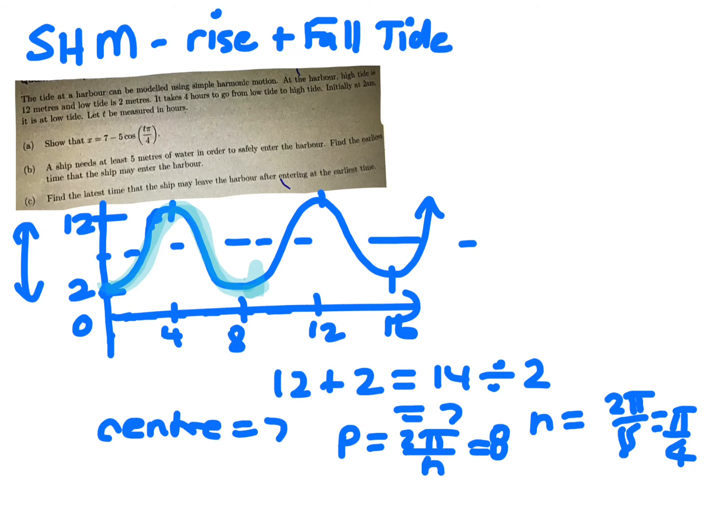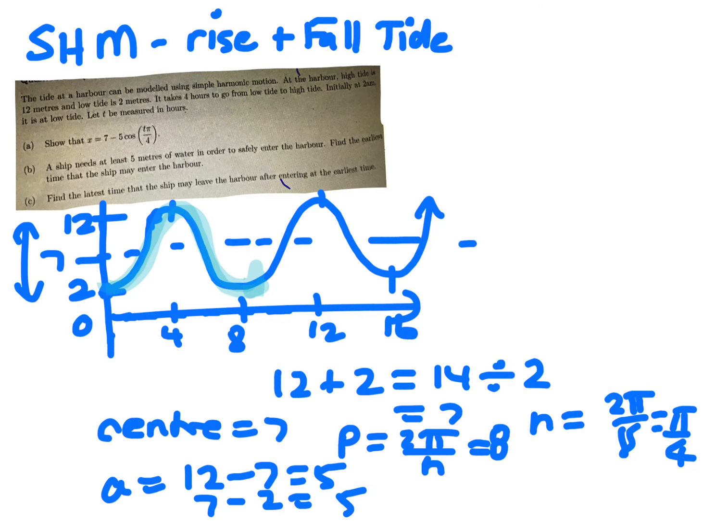So just the amplitude, we can see it goes halfway will be 7. So from 12 minus 7 gives you 5, and 7 minus 2 also gives you 5. So the amplitude is 5.